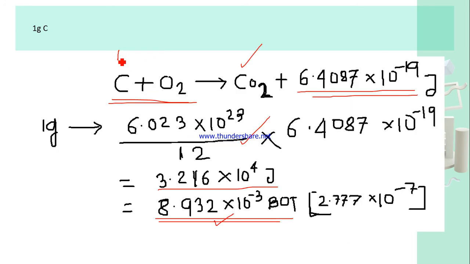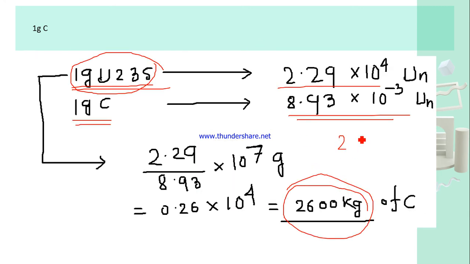So this is 12 and this is 12 plus 32, it is 44. So 12 gram of carbon produces 44 gram of carbon dioxide. So this will produce this much kg of carbon dioxide.